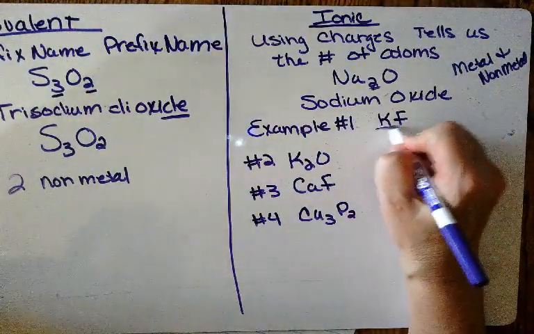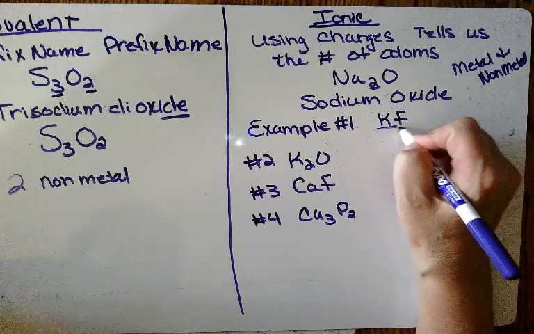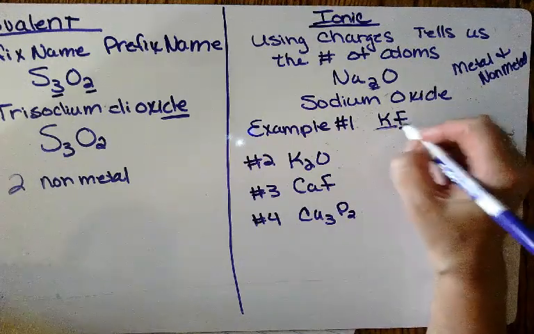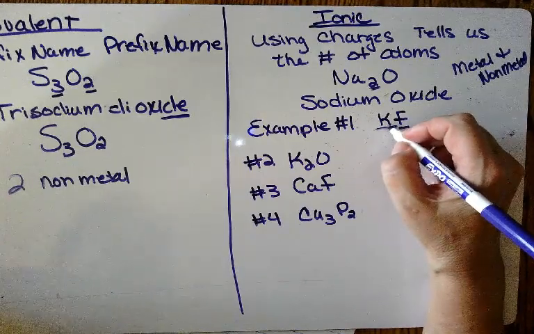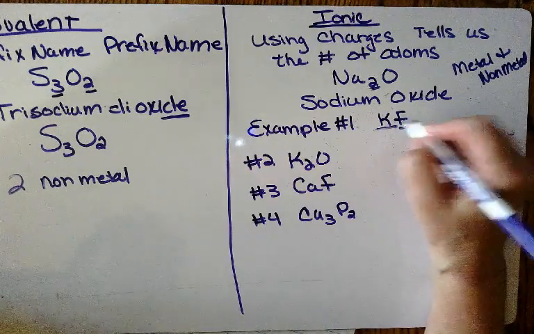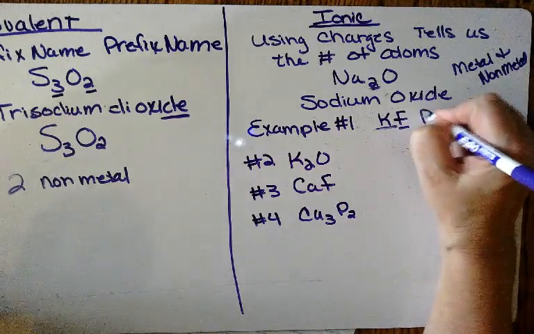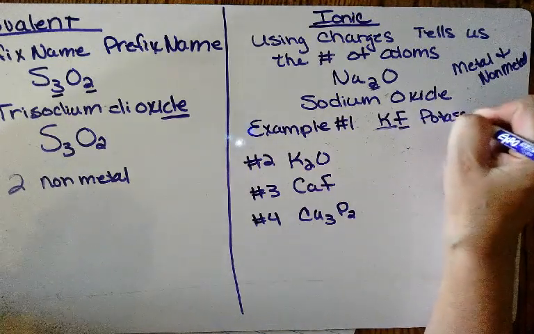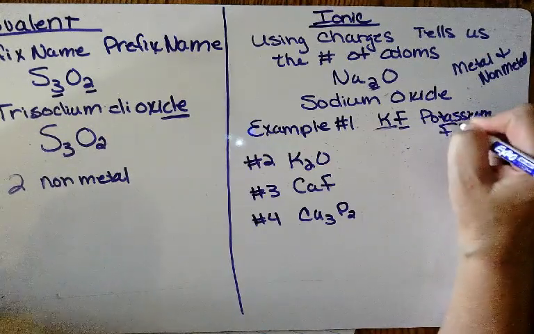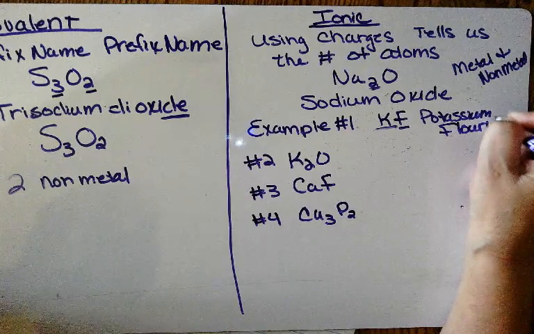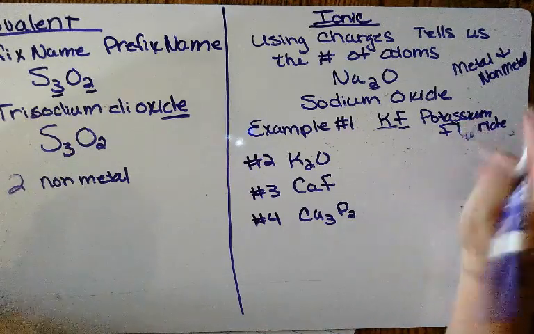Our first example has potassium and fluorine atom. So I just named the cation. Cations always come first. So positives first, then negative. And this is potassium fluoride. That's not spelled right.